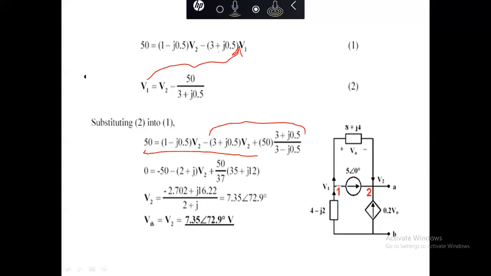Simplifying this, we will get the value of V2, and V2 is equal to VThev, and we will find its value.